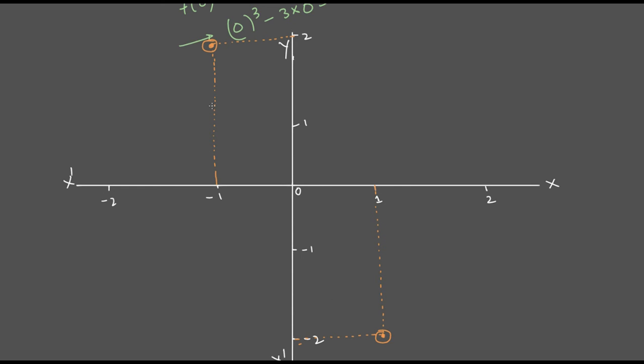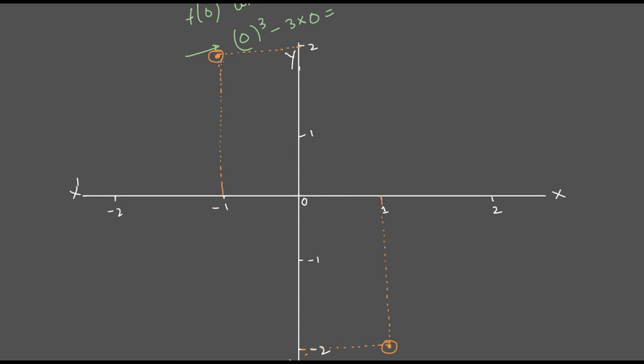And as we know, the point here, is it concave upwards or concave downwards? We get here that at minus 1 the curve is concave downwards, so it is the local maxima.